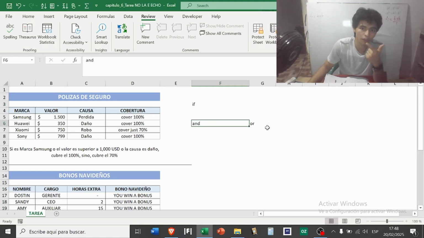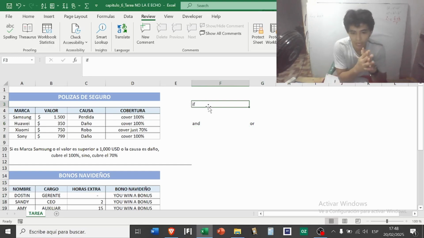The functions AND and OR. The IF function is when you do something based on a condition. Let's say you have a dog, and if this dog makes a bad decision, you punish them.